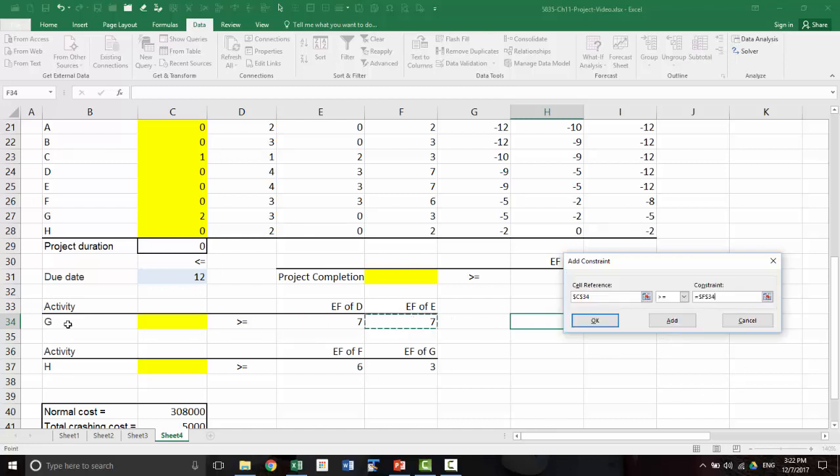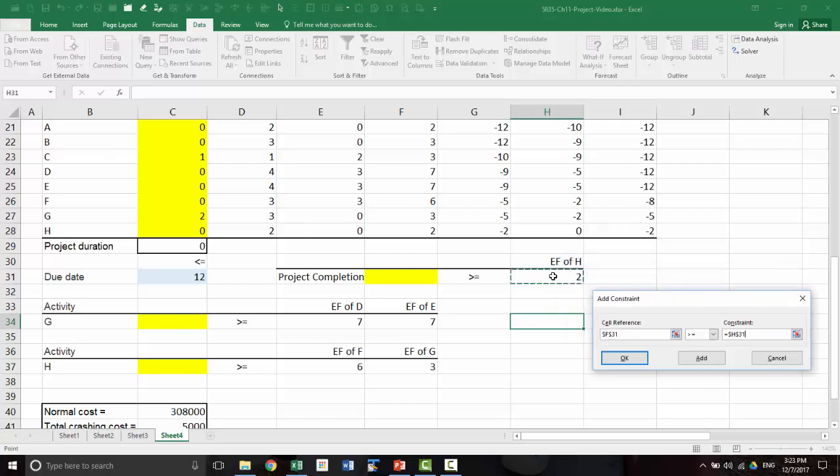So that will set the activity start time for G correctly, and then that greater than or equal to that, and that greater than or equal to that. And finally, project completion time is greater than or equal to that.